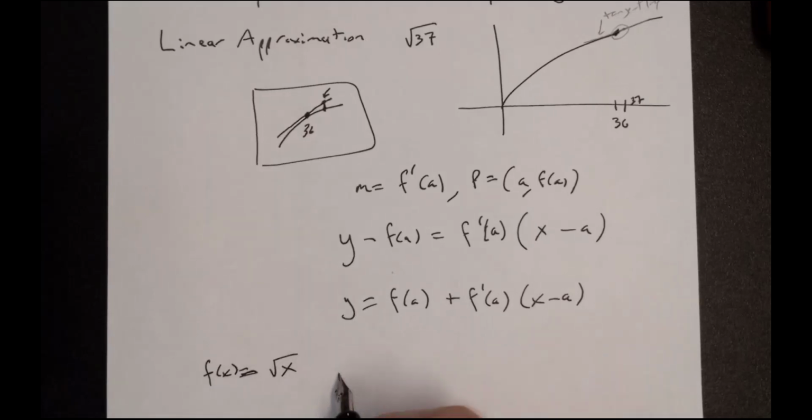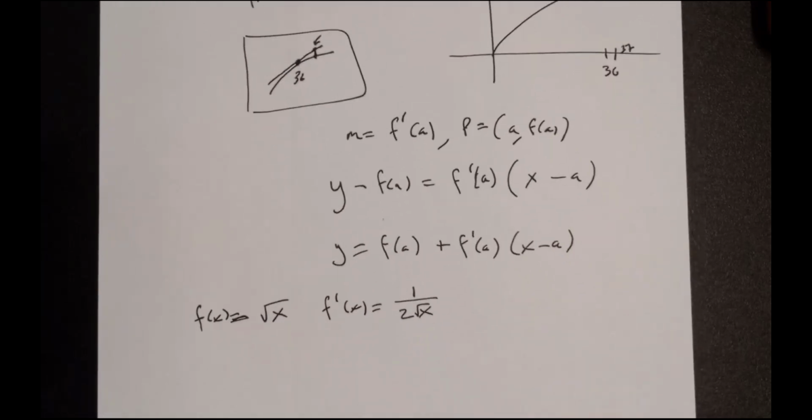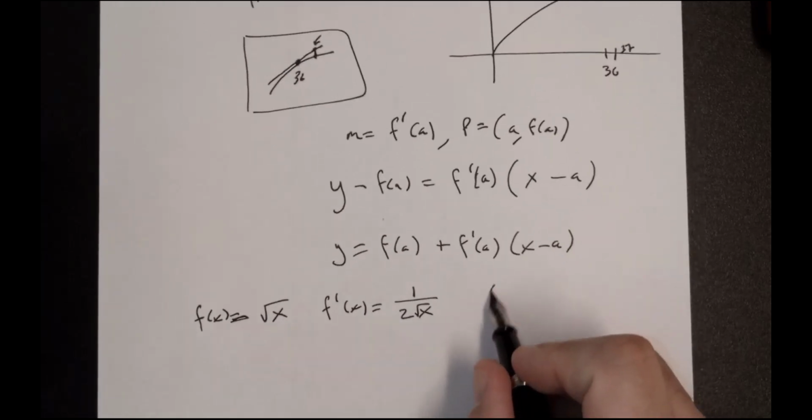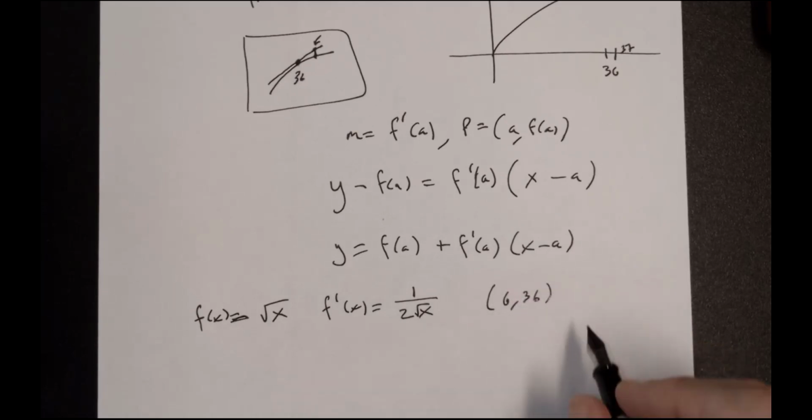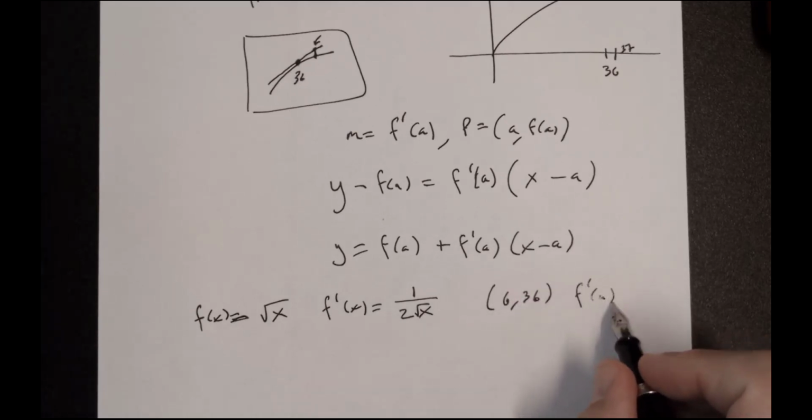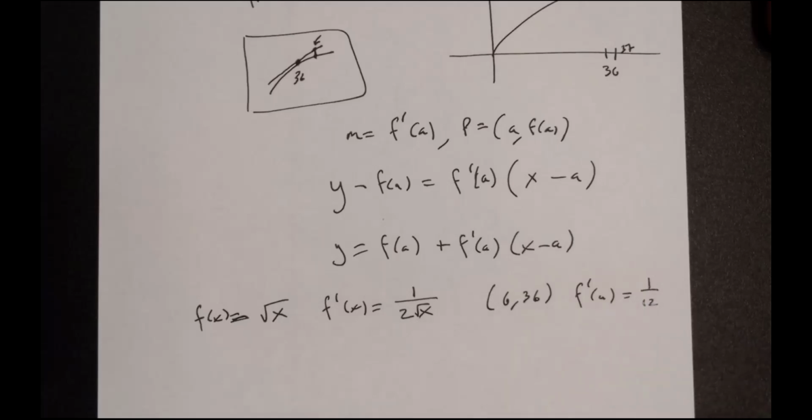If I do the square root of x, then f prime of x is 1 over 2 root x. And that means that at 36, f prime of a is 1 over 12.